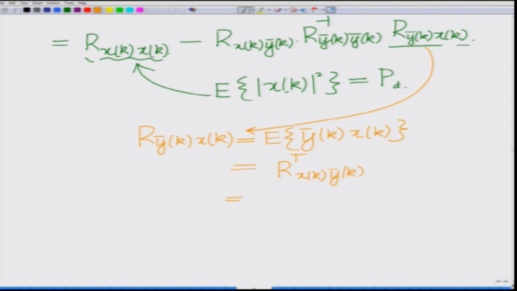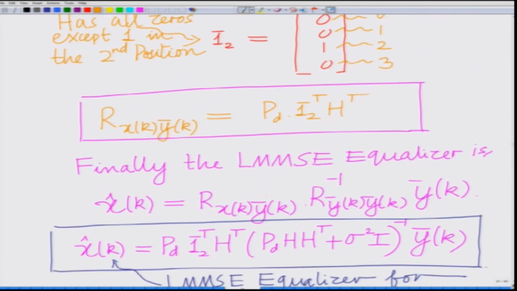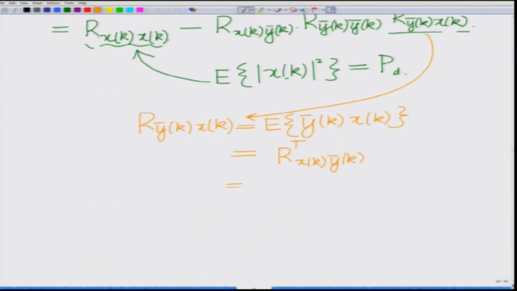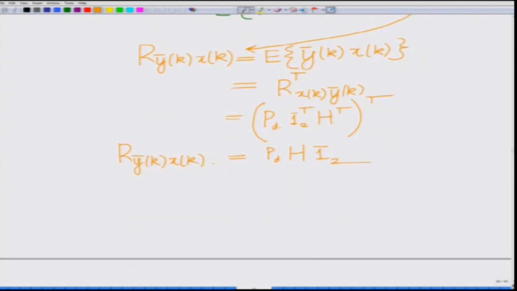We have already derived that r xk y bar k is PD 1 bar 2 transpose into H transpose. So its transpose is, of course, PD, which is a scalar, times the matrix H times the vector 1 bar 2, that is r y bar k xk.